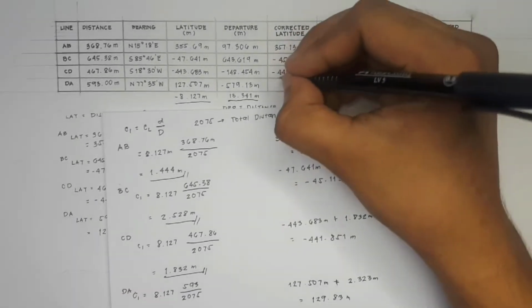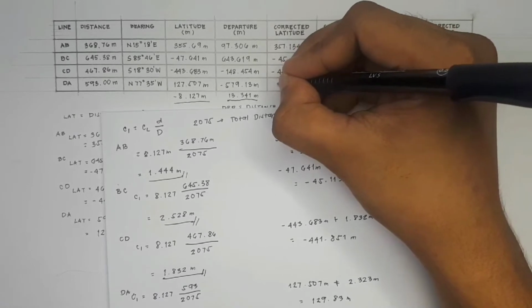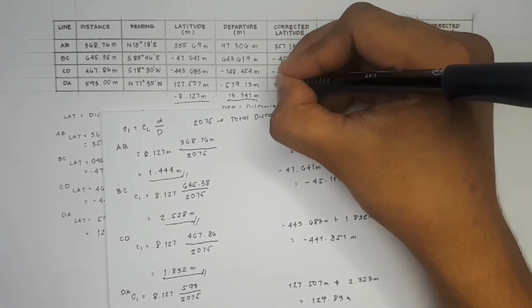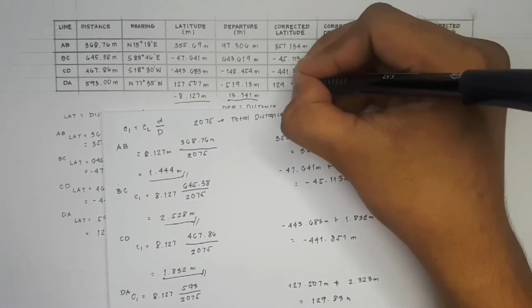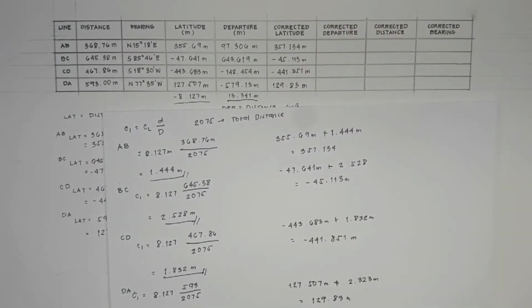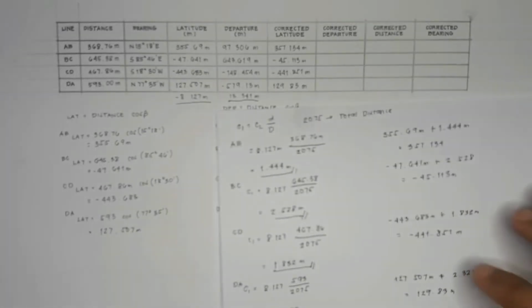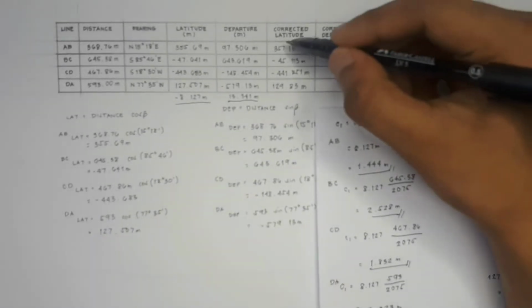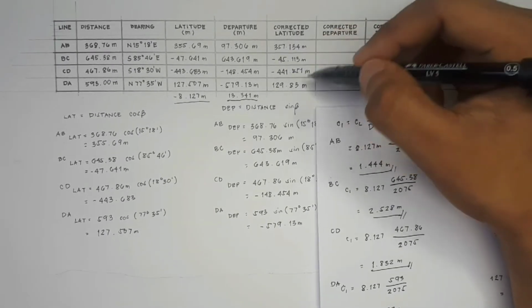So we have here the corrected latitude for line DA, 129.83 meters.